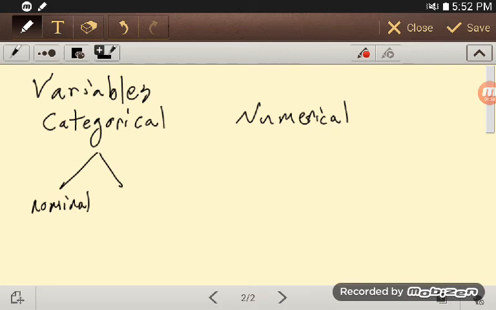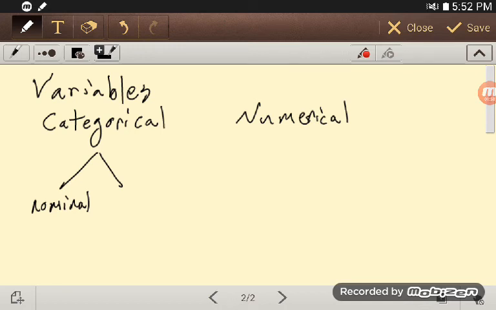Now, usually you would not say that red is greater than blue or blue is greater than red or anything like that. So in those cases, the idea of nominal in name only, we're really saying that these categories have no particular order to them.